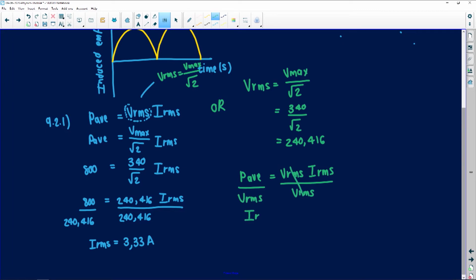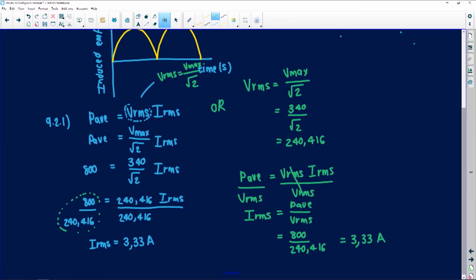So IRMS is equal to PAVE over VRMS. The power for the toaster is 800, and my VRMS is 240.416. Just to take you back, we also ended up with 800 over 240.416. I'm not going to use a calculator, just so we don't waste time, and I get 3.33. Current is measured in amps. We use an ammeter, but it's measured in amperes.